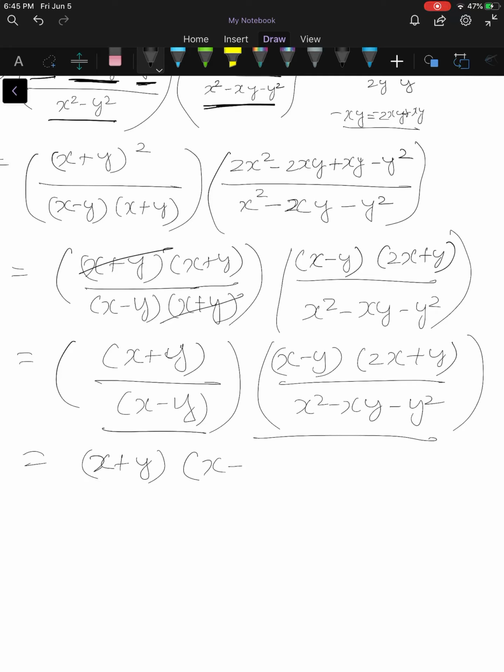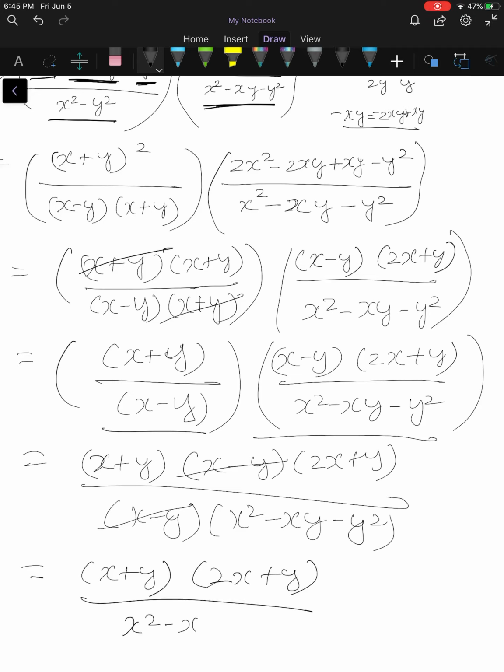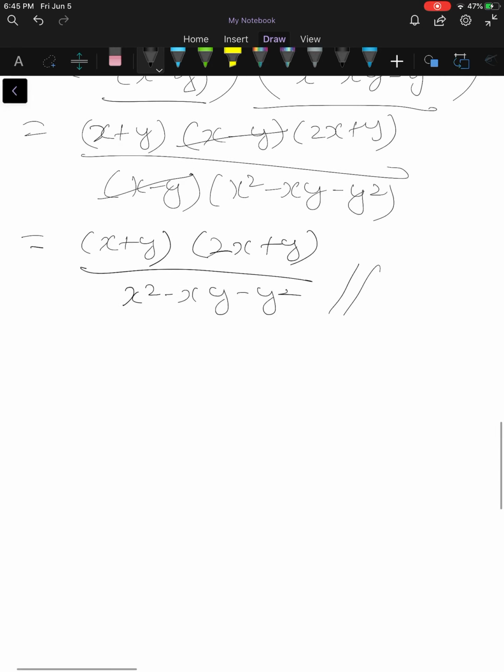X plus y times x minus y times 2x plus y divided by x minus y times x square minus xy minus y square. Now you can observe x minus y and x minus y are common, so you are just left with x plus y times 2x plus y divided by x square minus xy minus y square. So this is the final stage up to which we can simplify it.